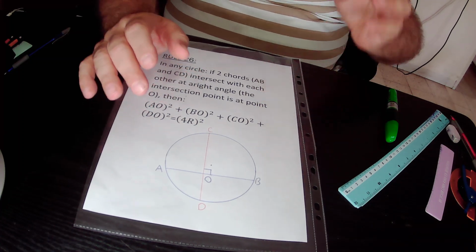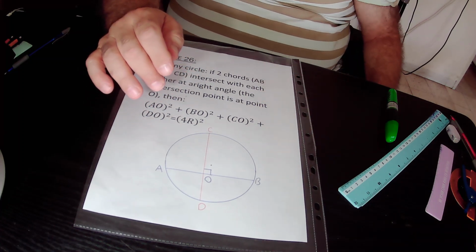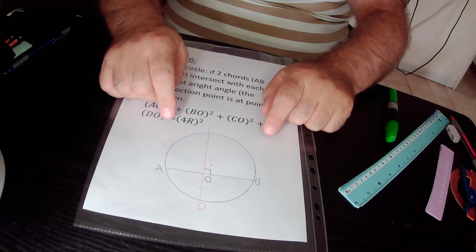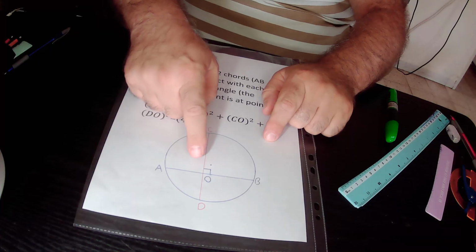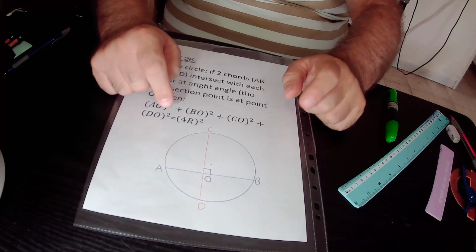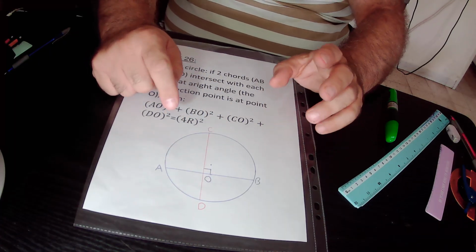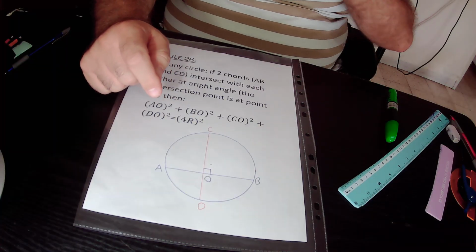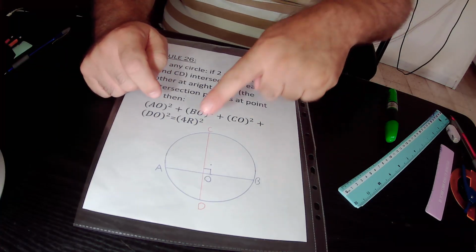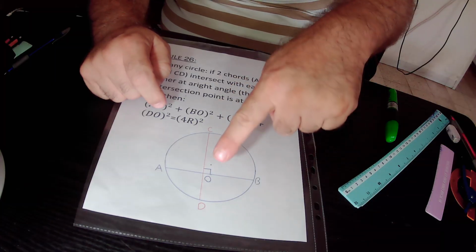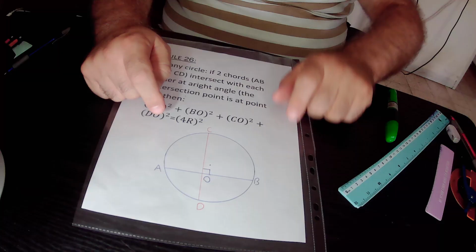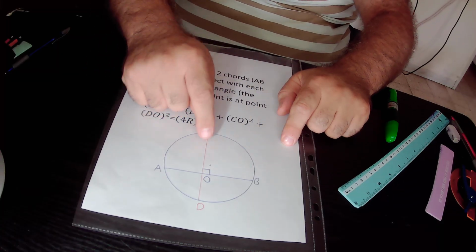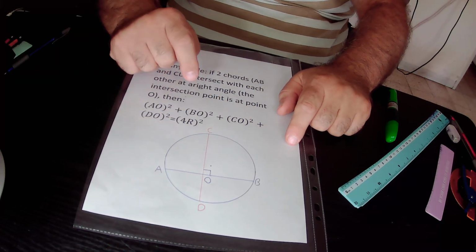So in this drawing, the following equation will be true: AO squared plus OB squared plus CO squared plus OD squared equals 4r squared, and r is the radius of the circle. Again, chord AB intersects with chord CD at 90 degrees, so AO squared plus OB squared plus CO squared plus OD squared equals 4r squared.